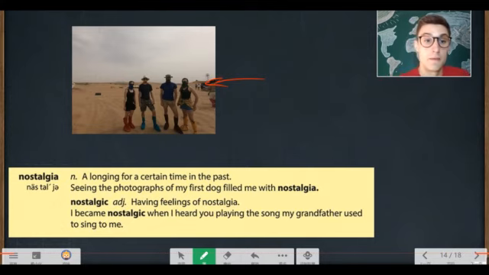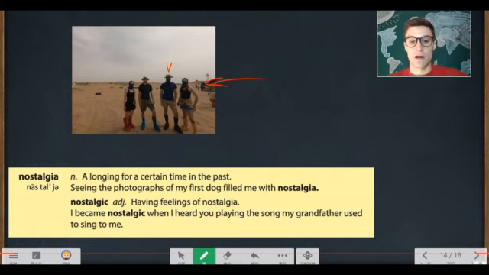It's when my friends and I went to Naymangwa, Inner Mongolia. We went to a part of the desert, we rode dirt bikes, we were on camels. It was so good. When I look at this picture, it brings back a feeling of nostalgia. A longing for a certain time in the past.